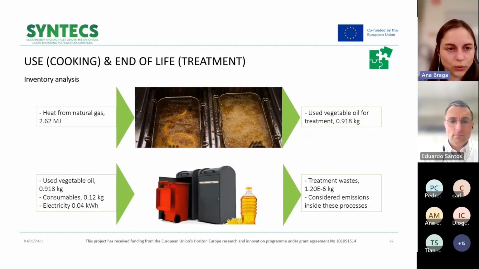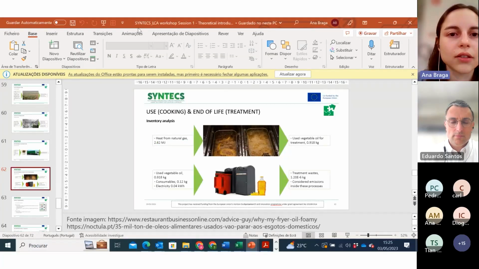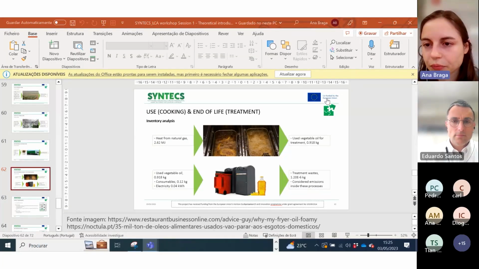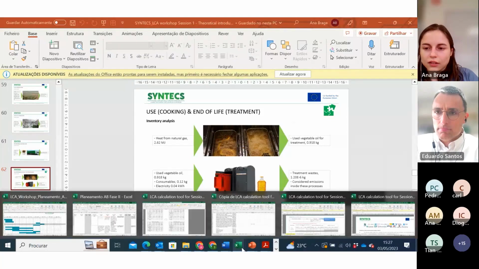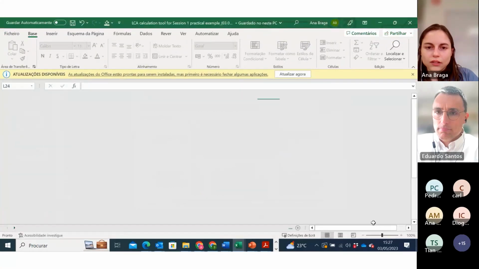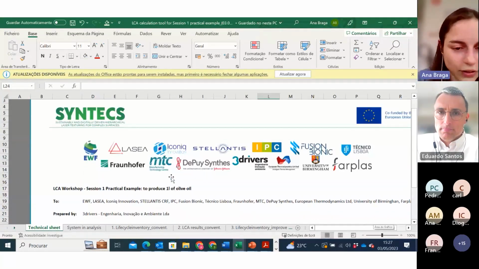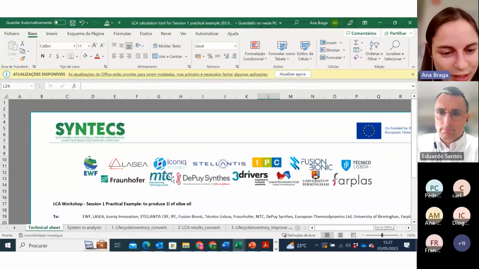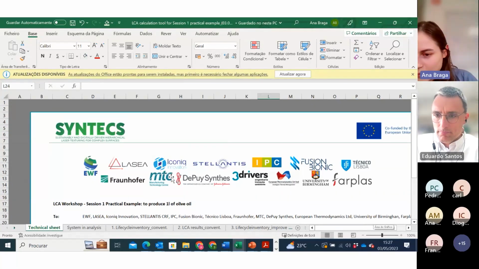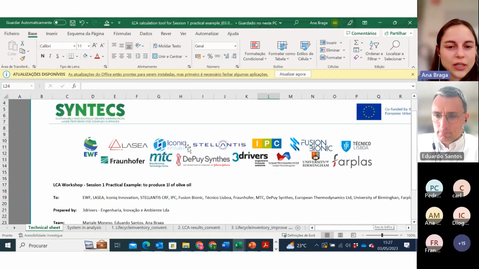Yes. So we can now move on to the Excel file and we'll share it first with you. Okay, so this is the file that we are hoping to share with you. If it's not working by Teams, later on we send it by email to all of you.